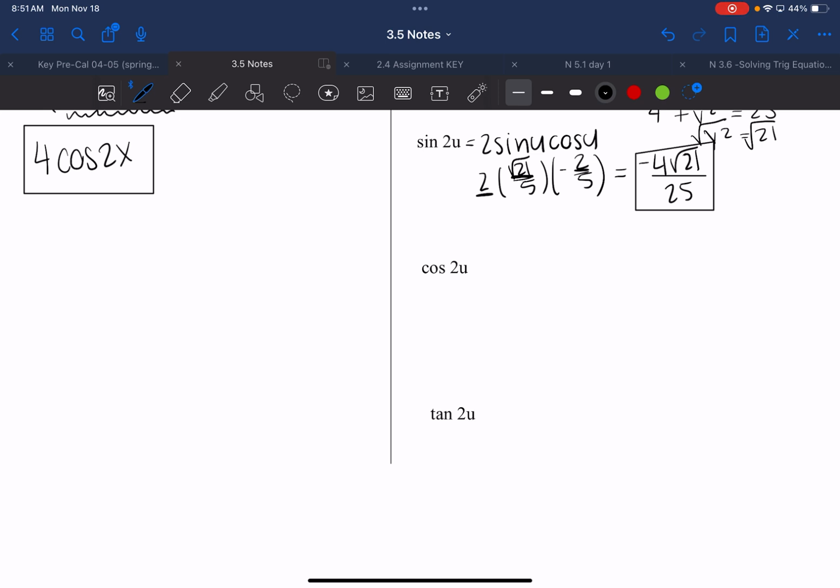If you square something that's in a square root, it just cancels out the square root.